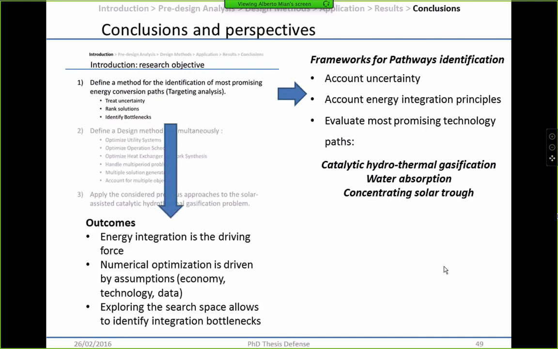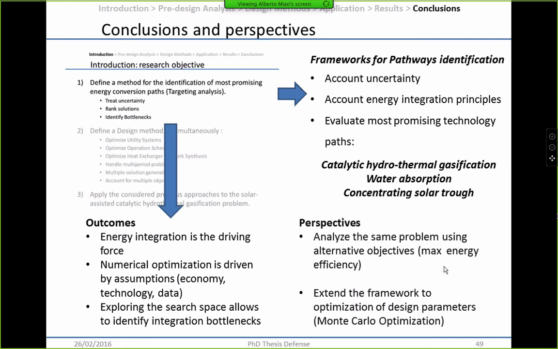Some other outcomes are that energy integration is the driving force in this section. Numerical optimization is often driven by assumptions, so it is necessary to account for these uncertain parameters. And with this framework, it is possible to explore the search space and to identify the bottlenecks of a given problem.